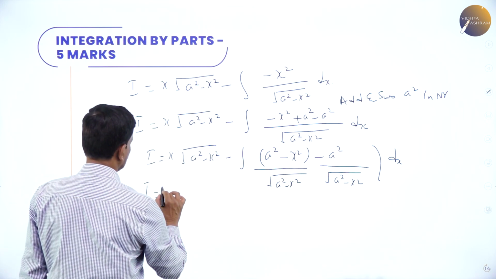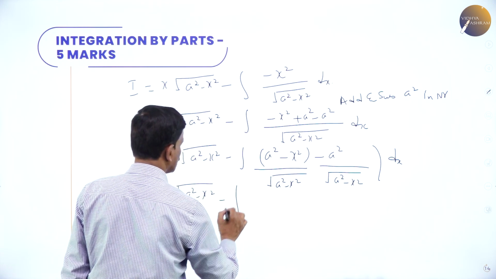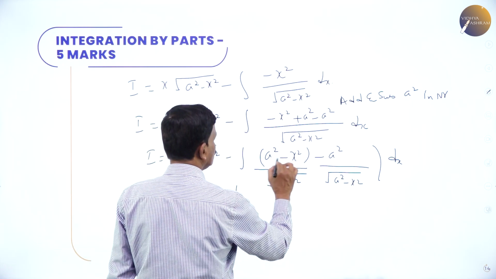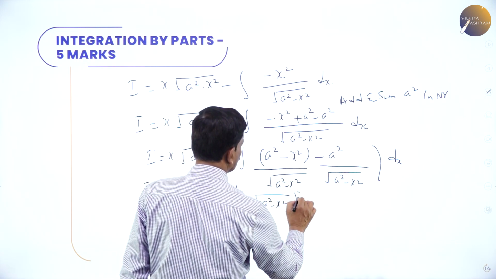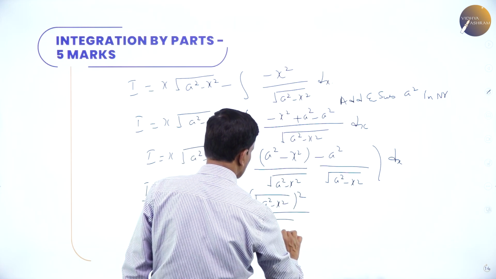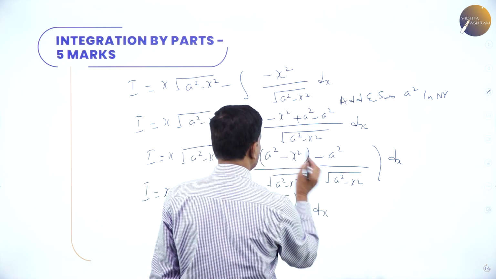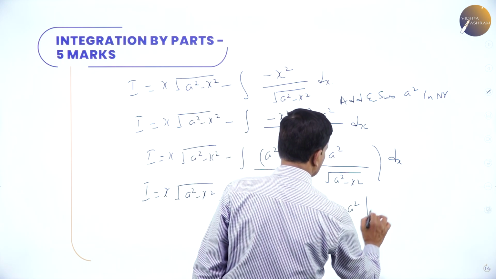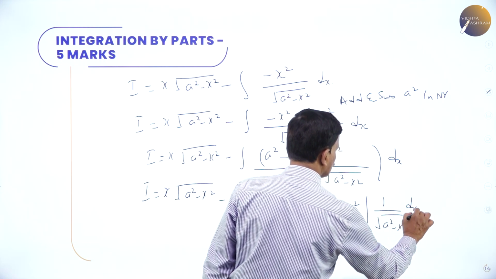So I is equal to x into root of a square minus x square minus, this root of a square minus x square can be written as root of a square minus x square whole square. Square root gets cancelled, you will get the same step, divided by a square minus x square, multiplied by the negative sign into dx, minus into minus plus, a square out, integral 1 over root of a square minus x square into dx.